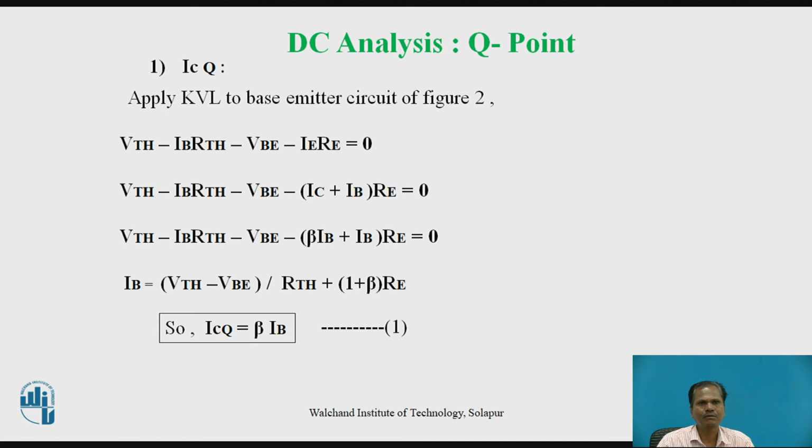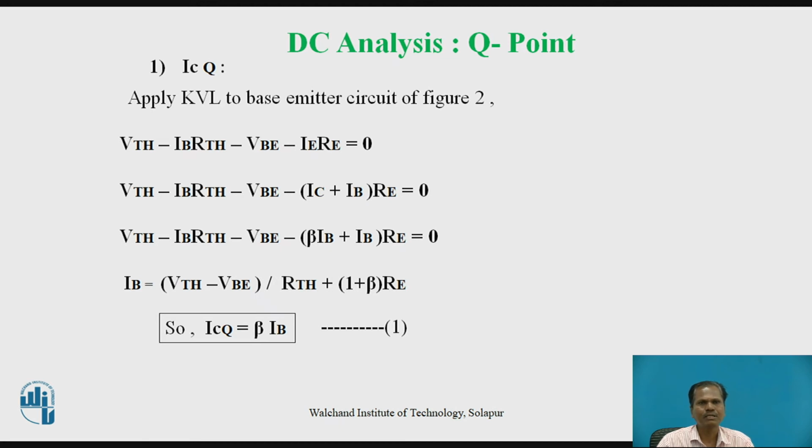Going in a clockwise direction, starting from VTH, we can write the voltage equation: VTH minus IB RTH, the voltage drop across RTH, the parallel equivalent resistance of R1 R2, minus the voltage between base and emitter VB, minus the voltage appearing across emitter resistor RE, equal to 0. So this can be written as VTH minus IB into RTH minus VB minus, for emitter current IE, we can write IC plus IB, because the emitter current is the sum of collector current and base current, so (IC plus IB) into RE equal to 0.